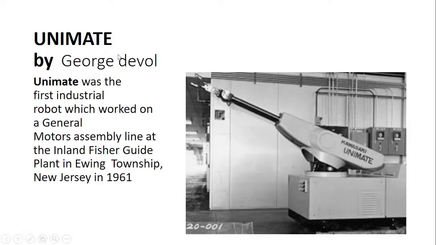It is a single arm robot and it has a gripper at the end. It has an end effector at the end, and it is mostly used for picking things. So this was the first industrial robot ever built. It's called Unimate and was used on the General Motors assembly line.